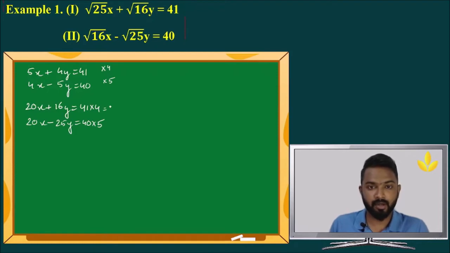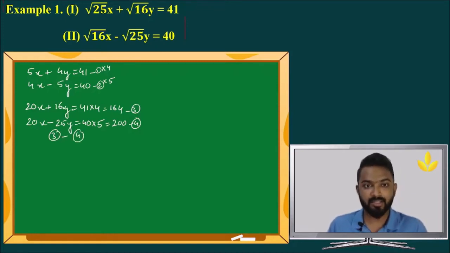This is nothing but 164. This is nothing but 200. Let this be equation 1, let this be equation 2, let this be equation 3, let this be equation 4. Now, all we have to do is equation 3 minus equation 4. 20x and 20x gone. 16y minus 25y.